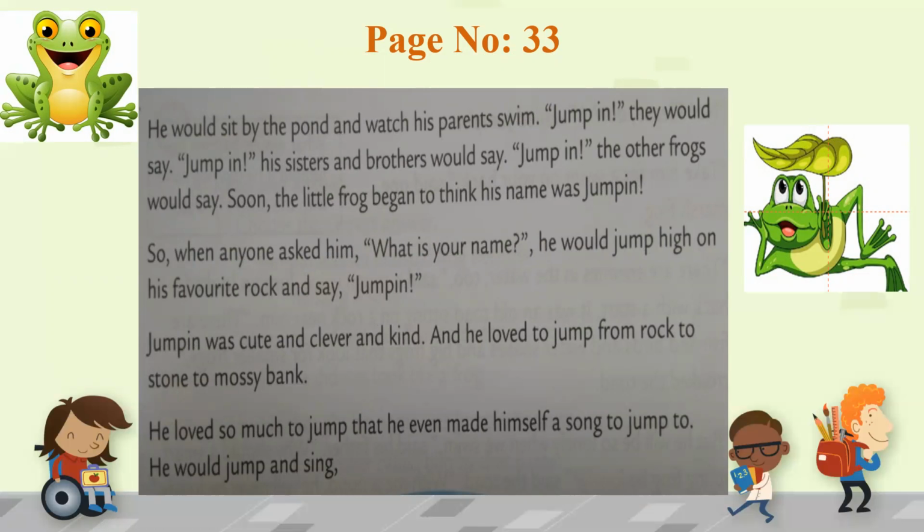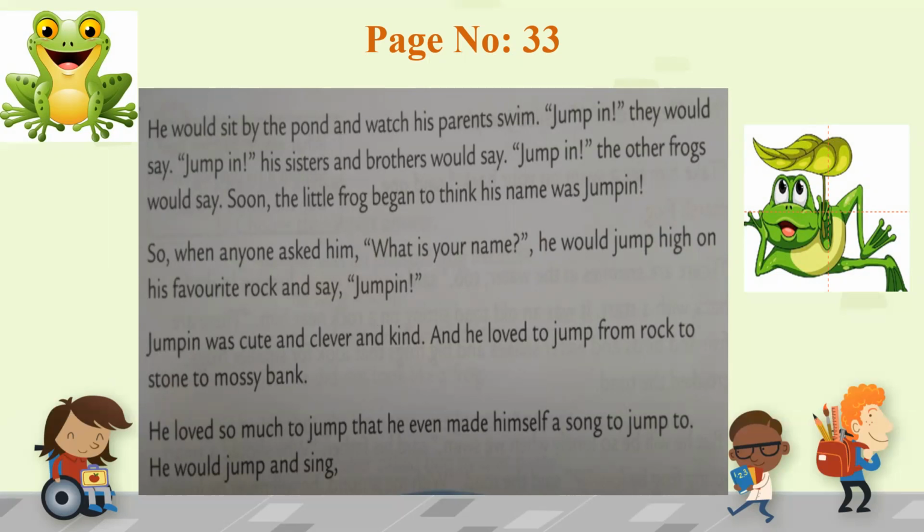How wonderful. So he had a family. His parents were there, his brothers and sisters were there, and also his friends were there inside the water. Whenever he would sit by the pond, his parents would tell him to jump inside the water, but they would say it in short as jump in.